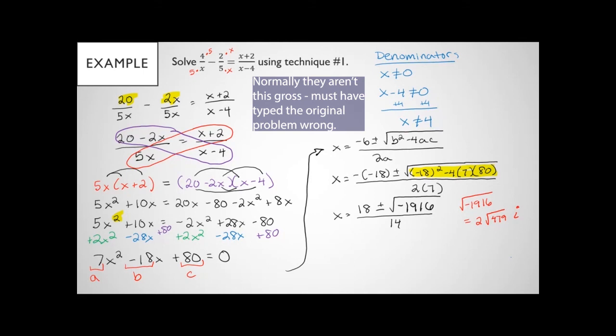I don't want to go through all the time here since this is focused on the rational equations, but you can see we're bringing up the complex numbers, the quadratic formula, all those things are popping up here. So this gives me x equals 18 plus or minus 2 times the square root of 479i over 14.